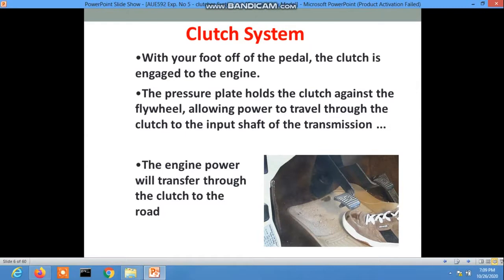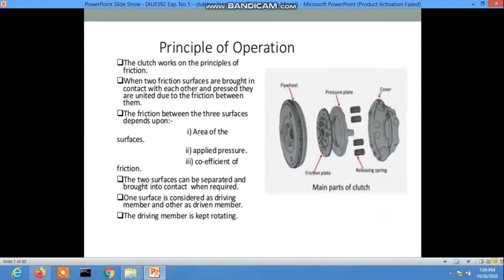Principle of operation. The clutch works on the principle of friction. When two friction surfaces are brought in contact with each other and pressed, they are united due to the friction between them. The friction between the two surfaces depends upon the area of surface, applied pressure and coefficient of friction.